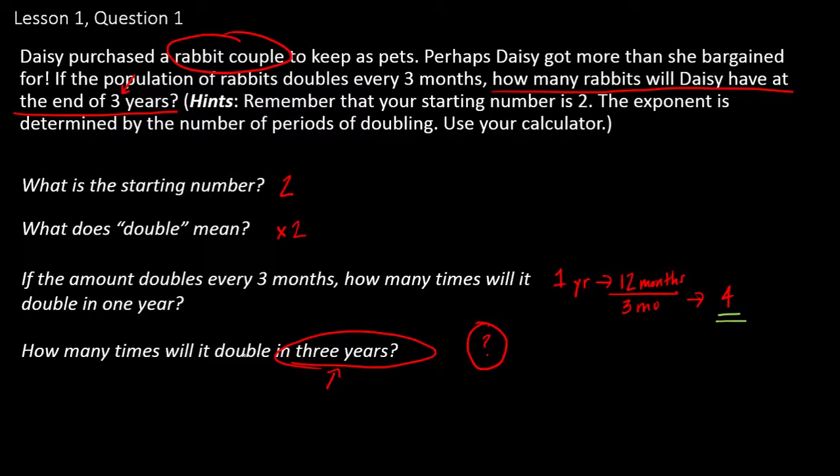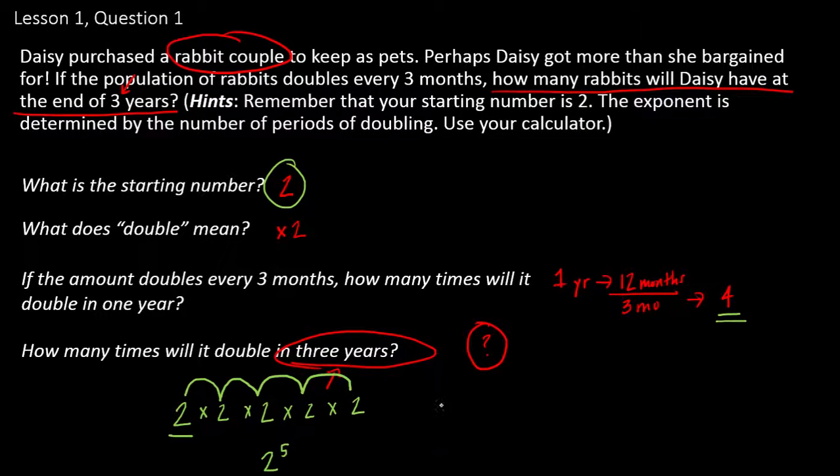So I've got my starting number of 2 rabbits, and it will double 4 times. So I start with 2, I double it, that's the first time, second time, third time, fourth time. So notice this is actually 2 to the 5th power, right? 2 times 2 times 2 times 2 times 2.